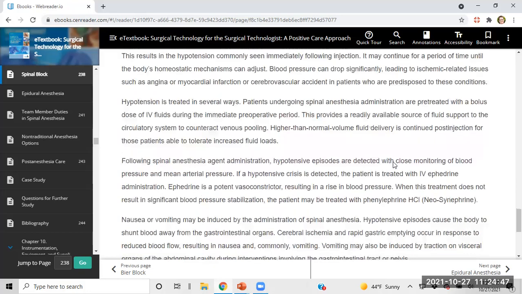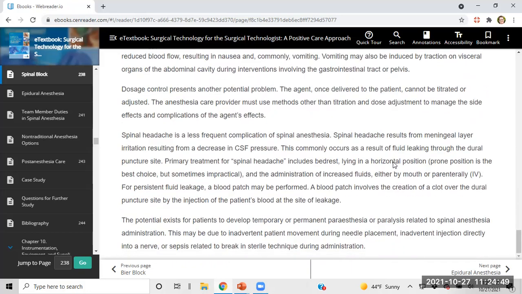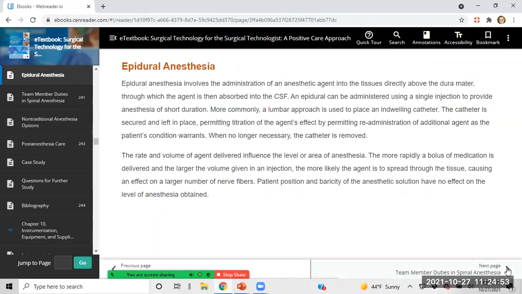Spinal blocks or epidurals are used; epidurals are primarily used in L&D today. So it's on the outside of the dura mater, and then it's absorbed into the cerebral spinal fluid.